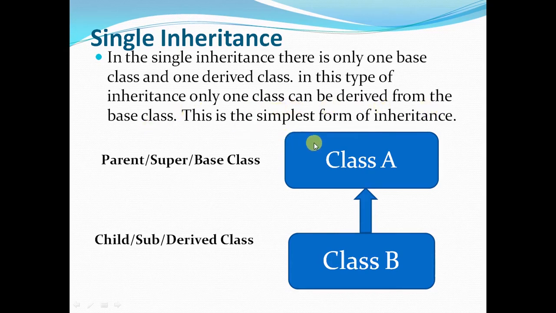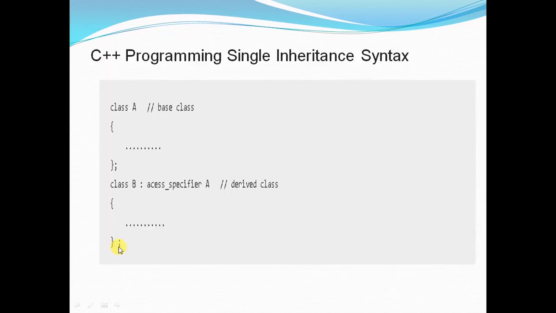This is the simplest form of inheritance. Class A is a base class or superclass or parent class. Class B is a derived class or subclass or child class. This is the syntax of single inheritance. Class A is a base class and class B is a derived class which accesses the properties of class A.